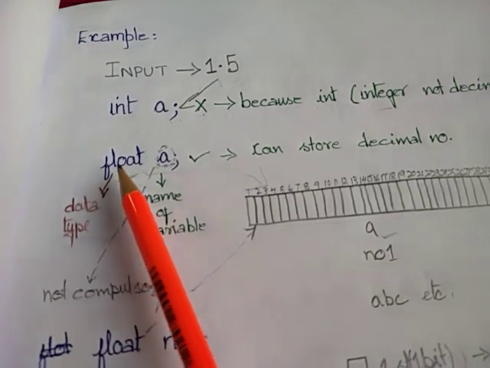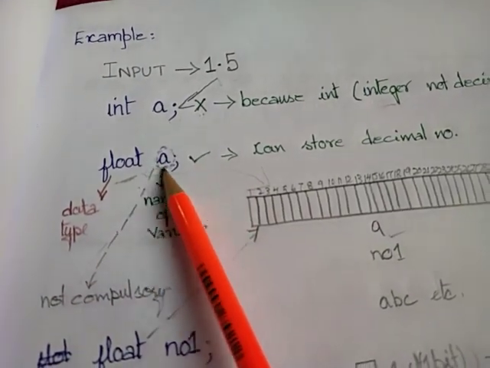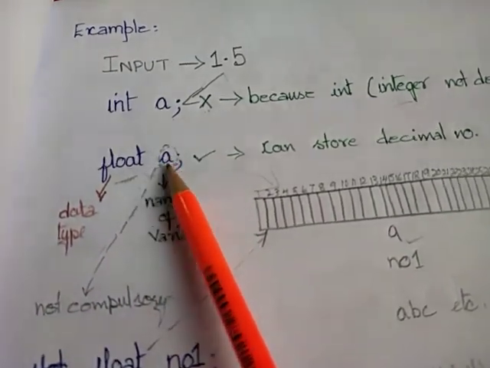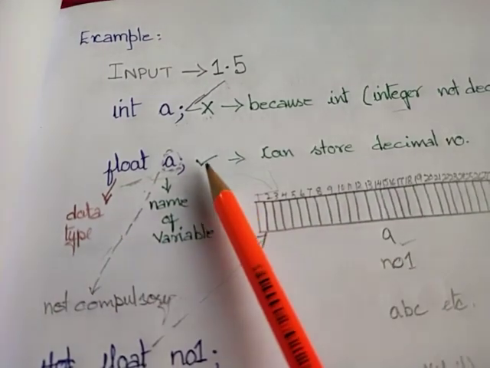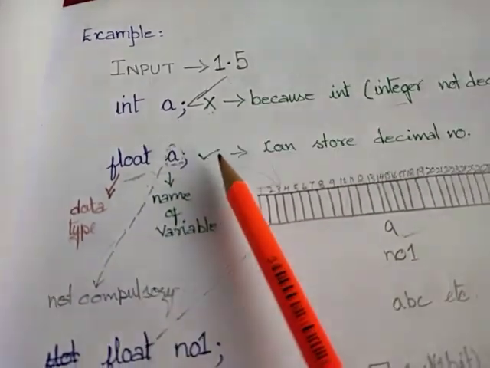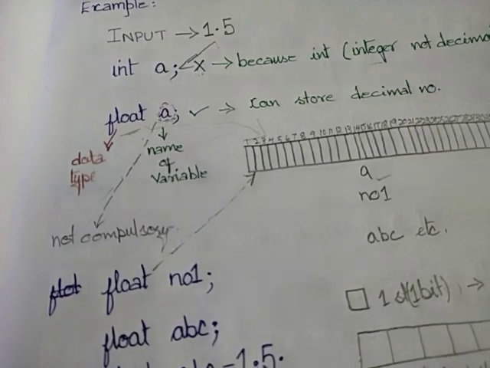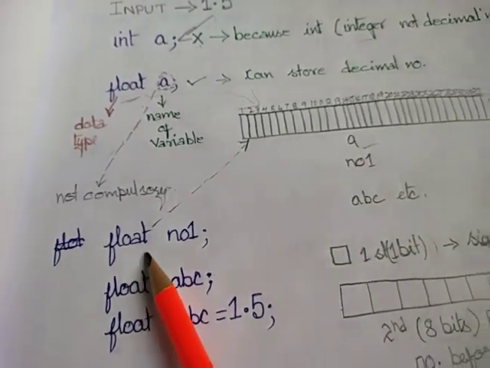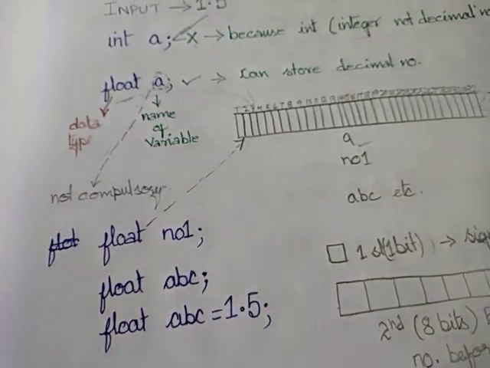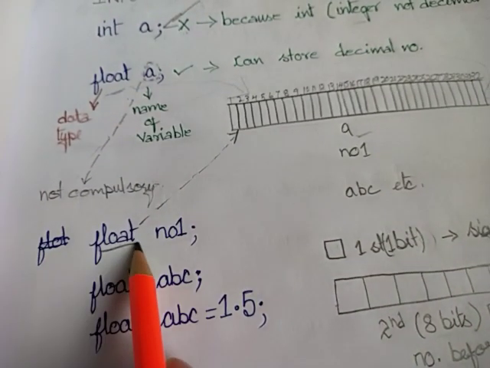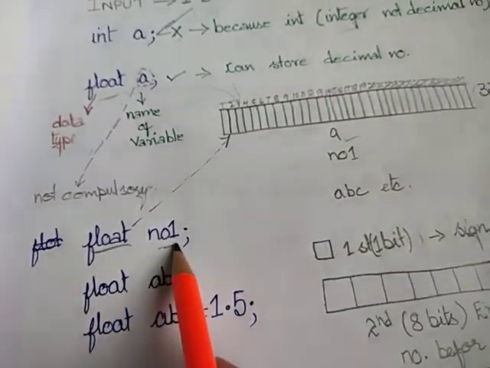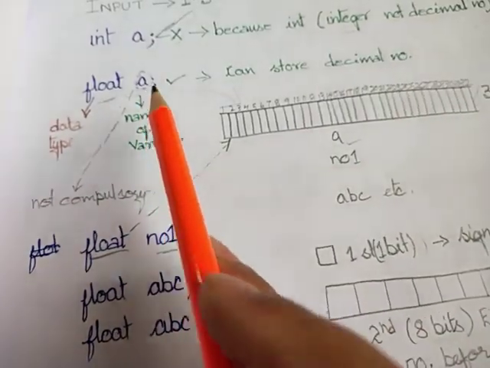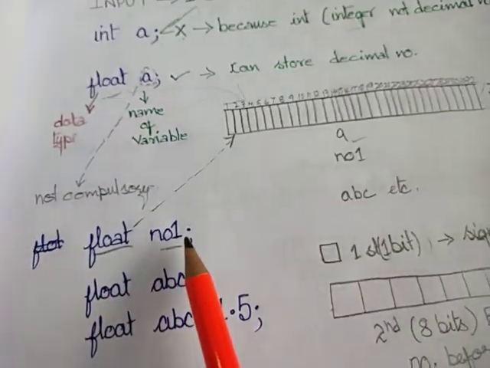Then next over here, when we talk about the name of the variable, it is not compulsory that the name should be a all the time, but you can also use any meaningful name. For example, over here I give float no1. So the data type is float, and the name of the variable is no longer a, but it is no1.